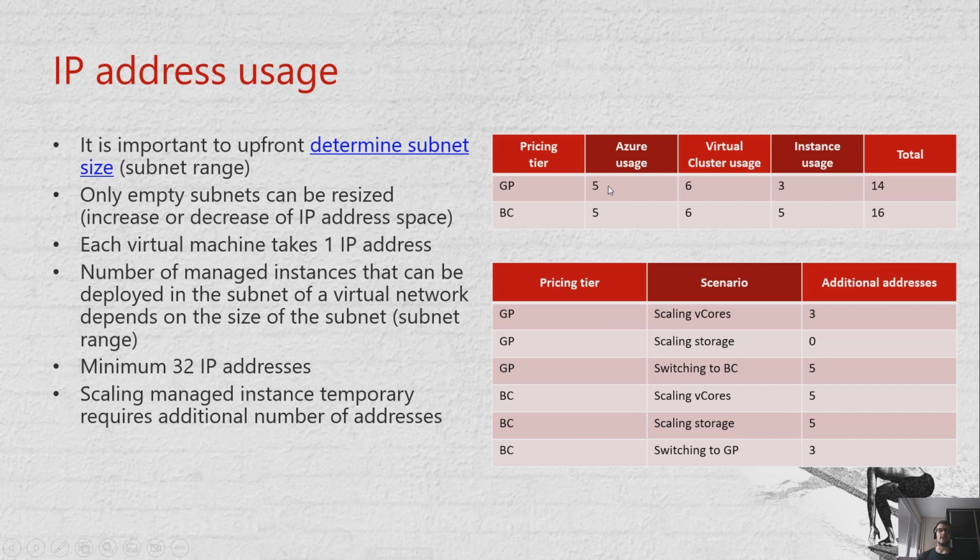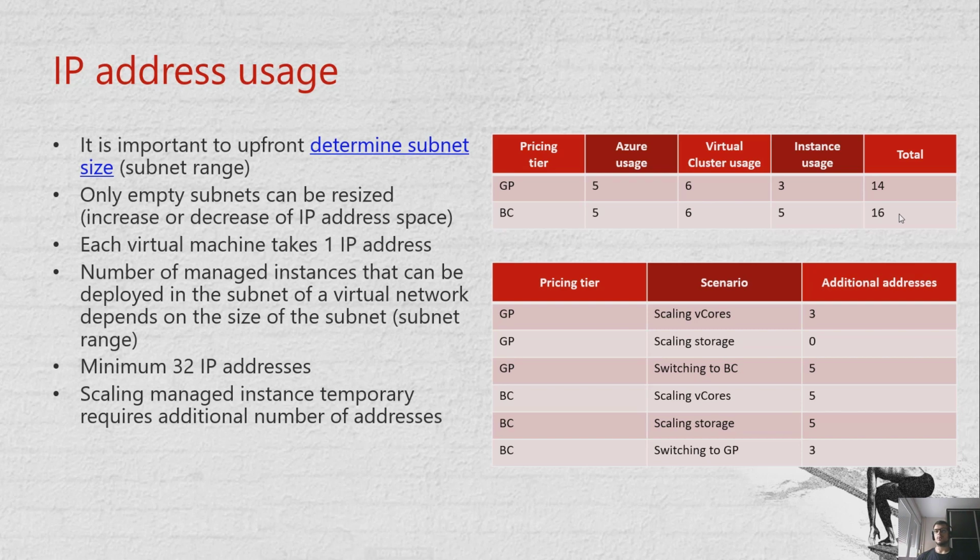Azure at the very start takes 5 IP addresses in each subnet no matter what it will be used for. So if you have a subnet of size 64, 5 will be dedicated to Azure and 59 will be at your disposal. The virtual cluster then takes an additional 6 addresses, and then each individual instance uses some additional addresses, which for GP makes in total 14, and for BC it totals 16. Note that this is the case when only one instance is deployed in the subnet.